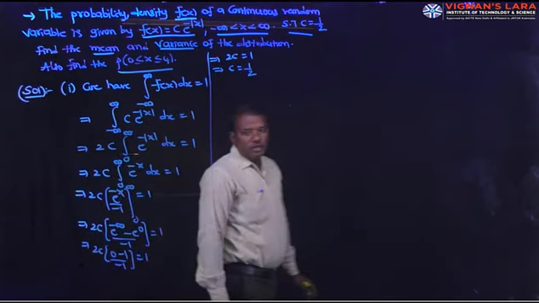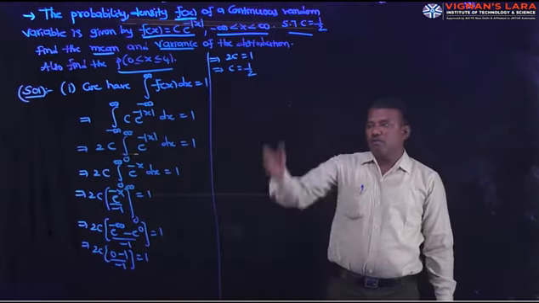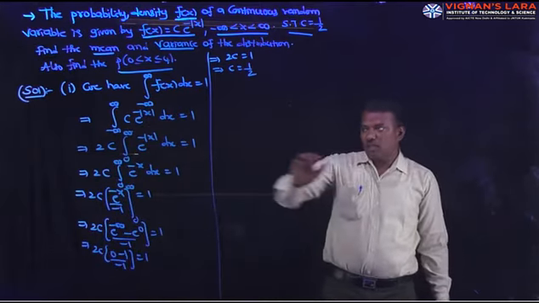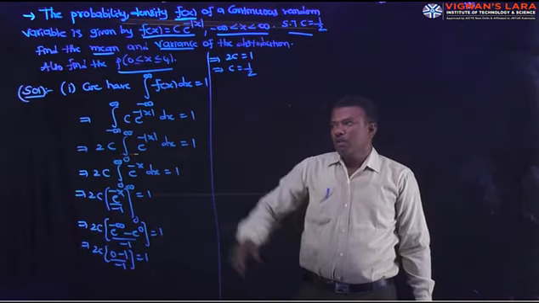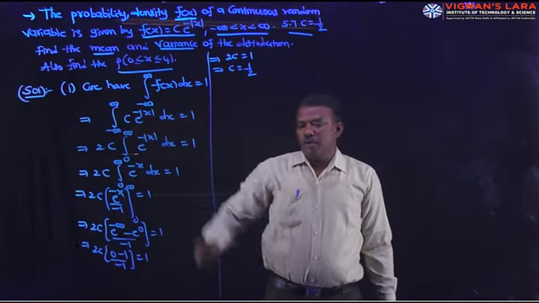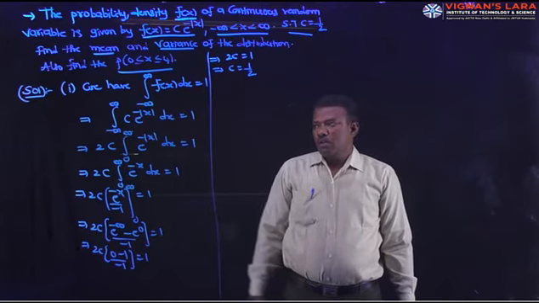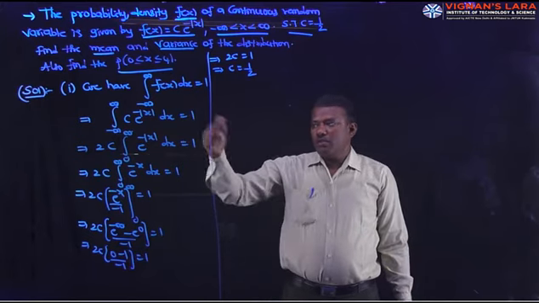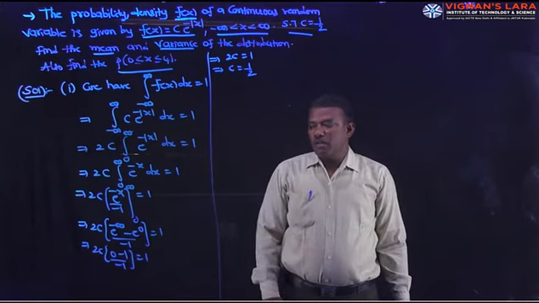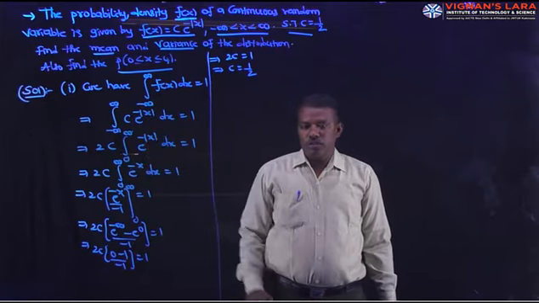We have integral minus infinity to plus infinity f of x dx is 1. That is the second property of continuous probability distribution. F of x value is c into e power minus mod x. E power minus mod x is an even function, so minus infinity to plus infinity can be written as 2 into 0 to infinity.